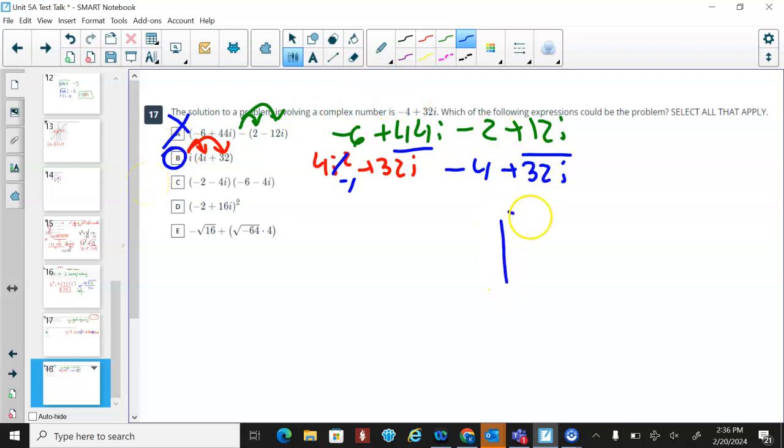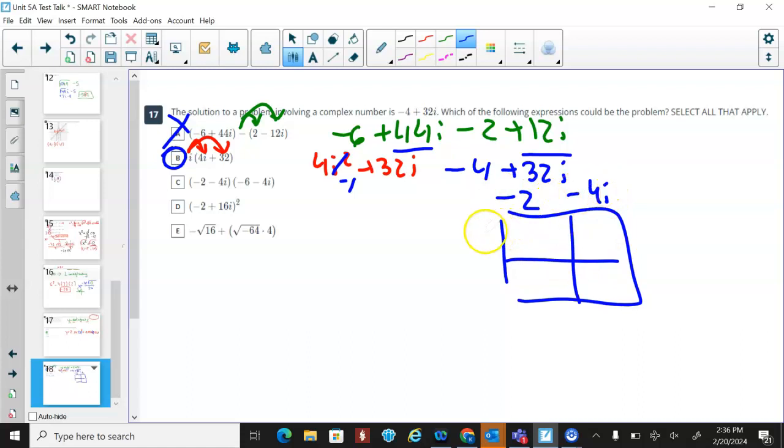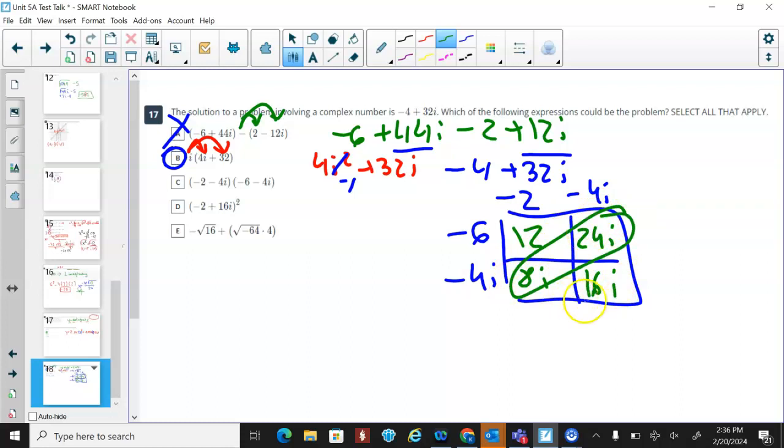C is simply a box method. So we're multiplying -2 minus 4i times 6, -6, and then minus 4i. So again, let me see if I can get an idea if that's going to be true or not. So this is going to be 24i. This is going to be 8i. And then this is going to be 16i. Now, this will match 32i squared.